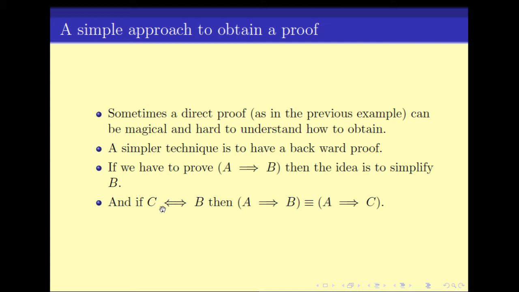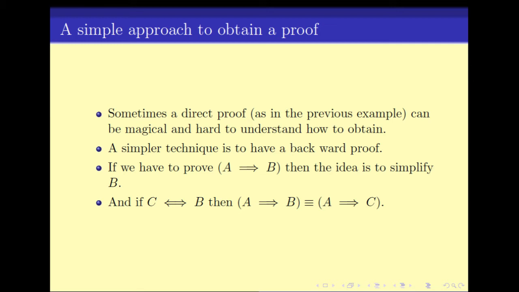If we prove that C is if and only if B, then proving A implies B is same as proving A implies C. And since we have simplified B to C, we would possibly be able to prove A implies C in a much simpler way.